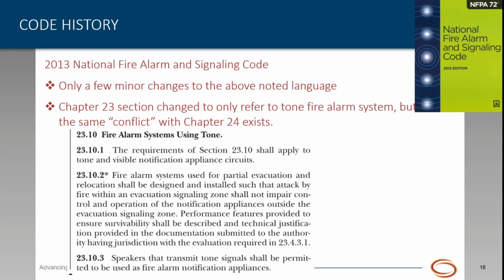So this would apply, and again, this is very performance-based language that says you must provide survivability, but it doesn't use any of the levels or mandate any of the levels found in Chapter 12. So this conflict between Chapter 23 and Chapter 24 basically continues. And this is also true in the 2016 edition and the 2019 edition.